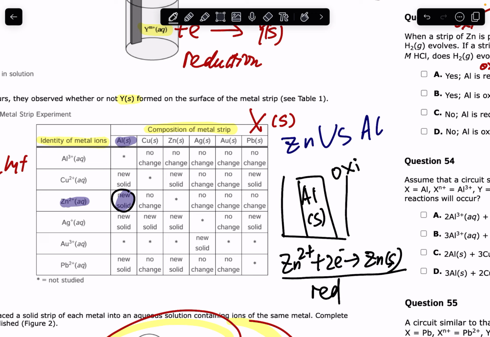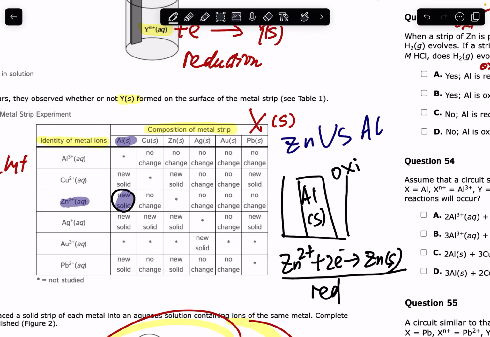Okay, so if zinc is getting reduced, Al is getting oxidized, that says Al has a higher oxidation potential than zinc, right? Zinc has a higher reduction potential than Al. So that's why zinc is forming new solid. Zinc is getting reduced, and Al is getting oxidized.